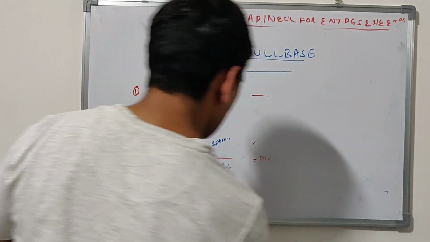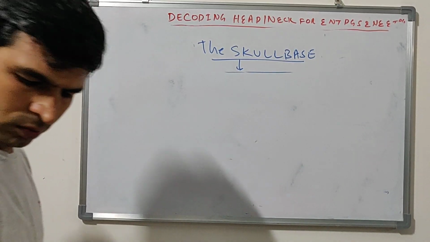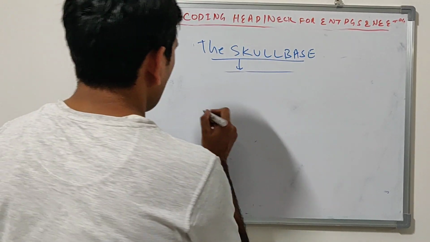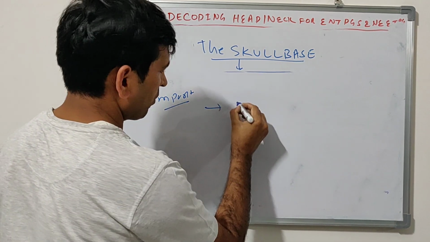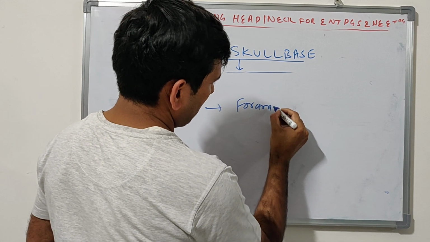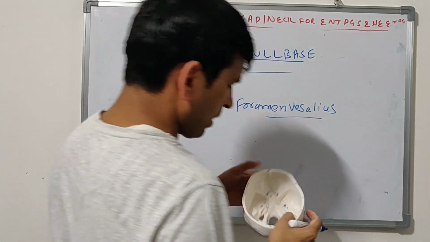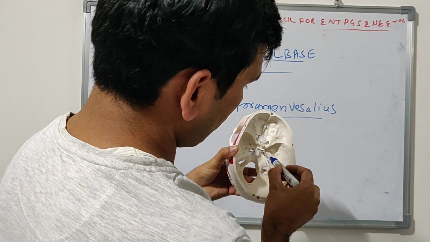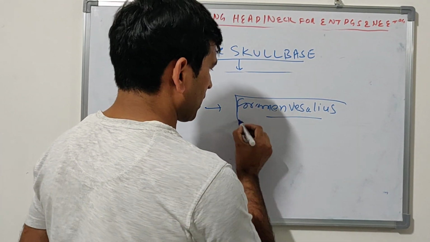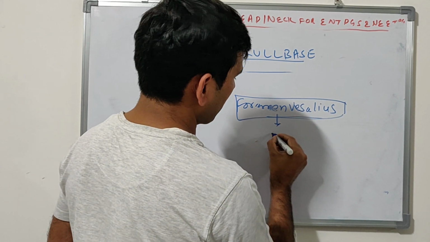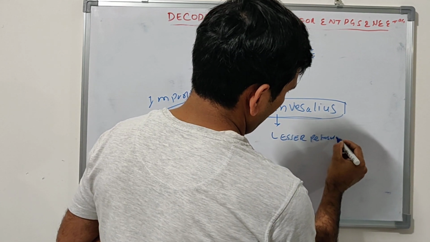Now we will talk about some other important foramina in the middle cranial fossa. One is foramen basilis. In between foramen ovale and spinosum, sometimes there is one foramen called foramen spinobasilare. If it is present, mostly it is not, the lesser petrosal nerve passes through it.